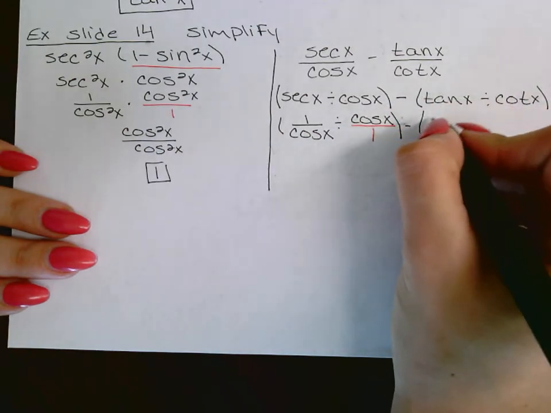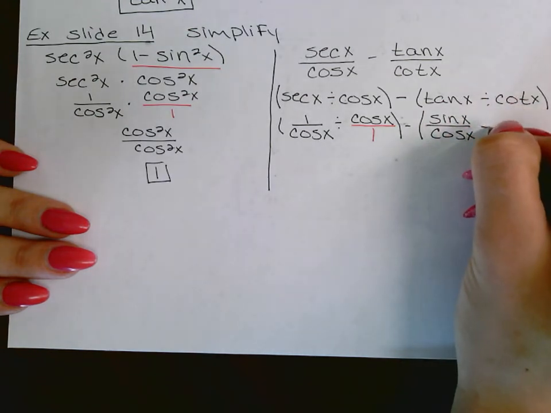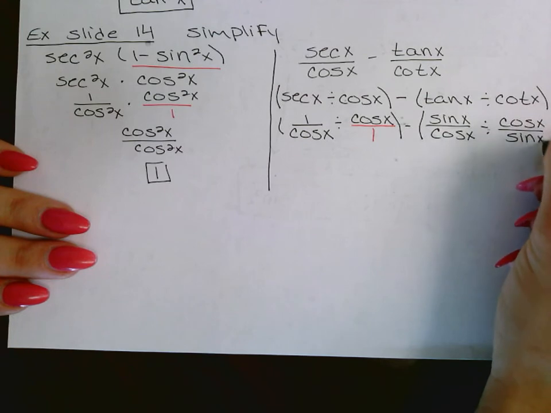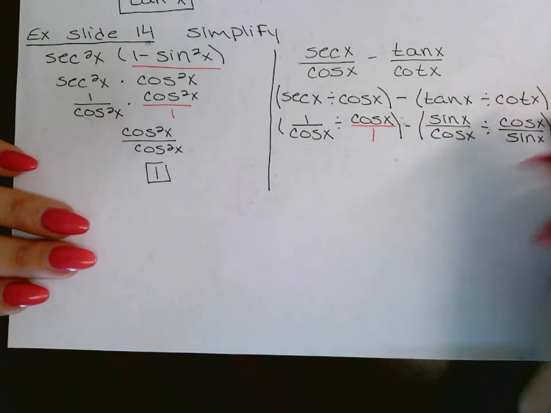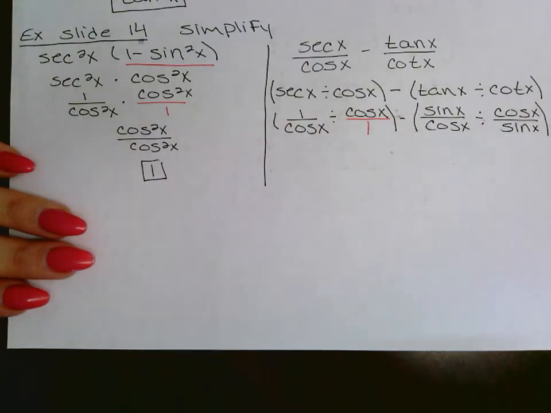Minus tangent is sine over cosine, and then divided by cotangent is cosine over sine. Be careful not to cancel these out. Remember that you can only cancel when you are in multiplication, okay? The next step I'm going to take is my division, which is my keep, change, flip.